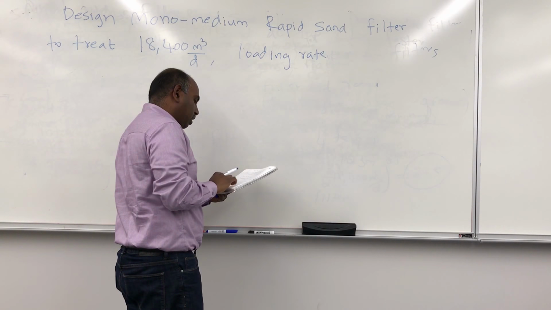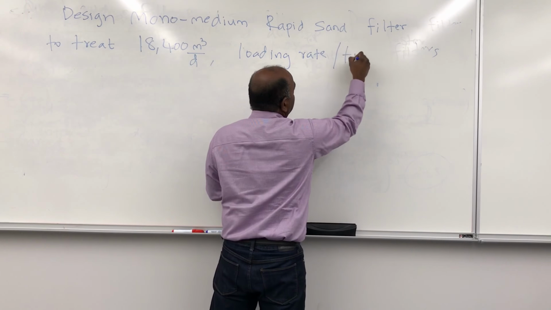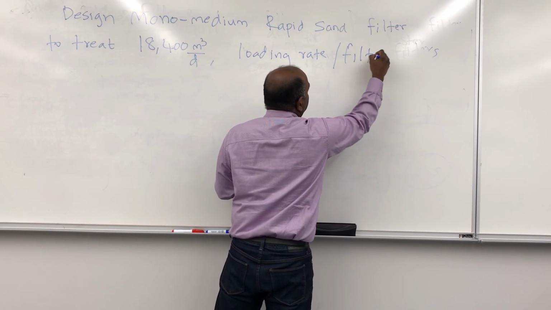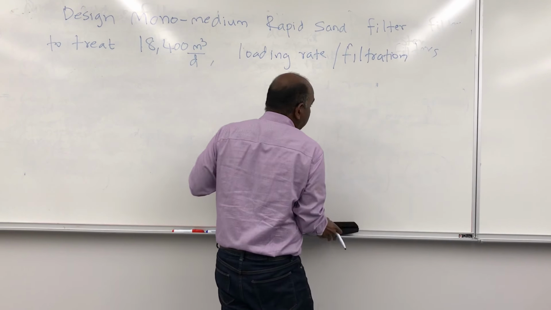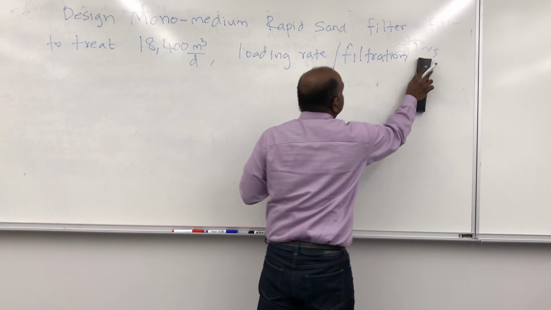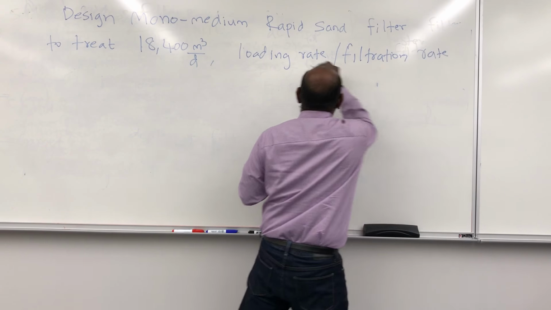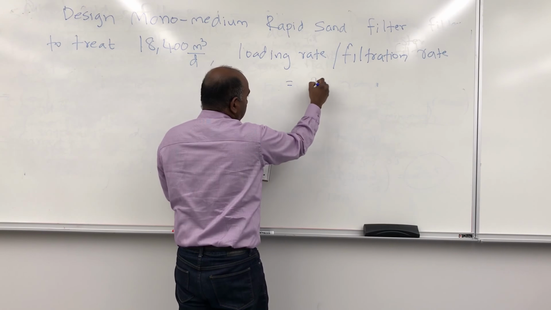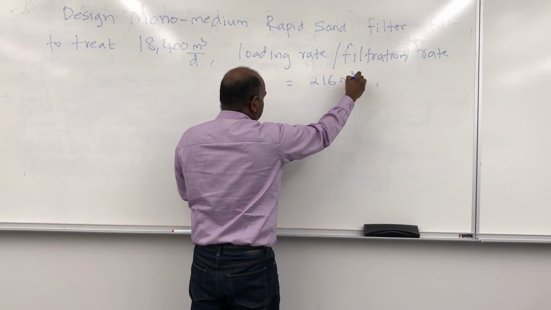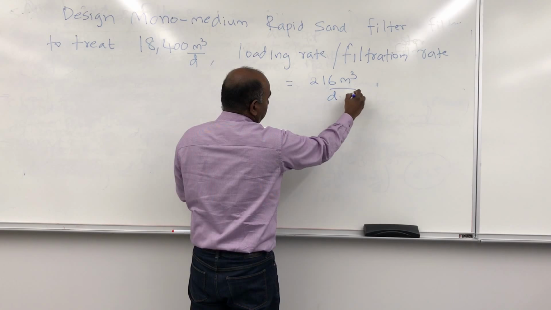I gave that formula Q, loading rate, or filtration rate, so this value is equal to 216 meter cube per day per meter square.